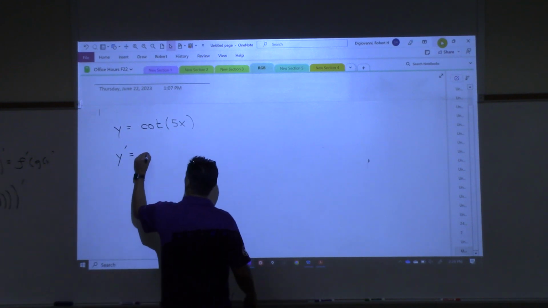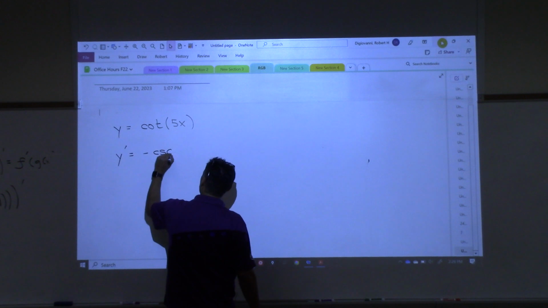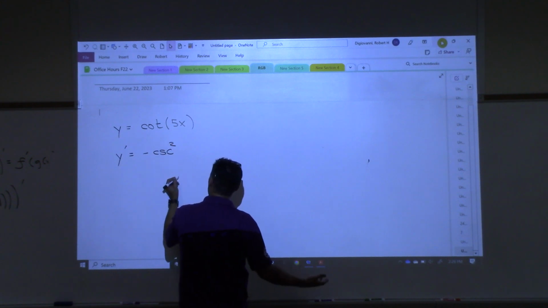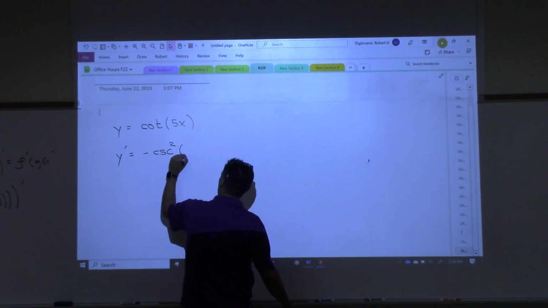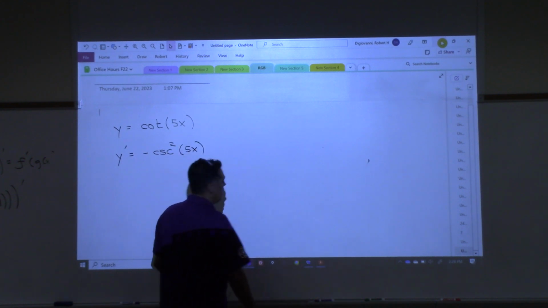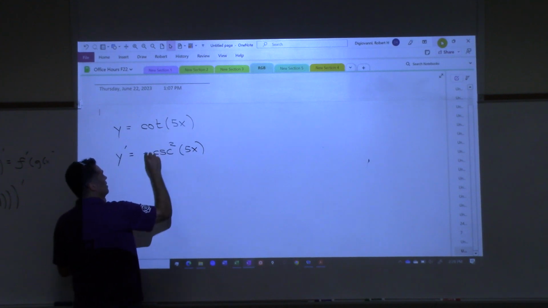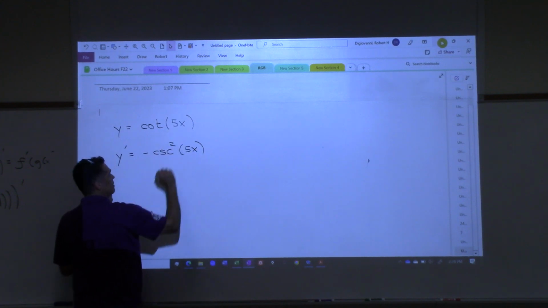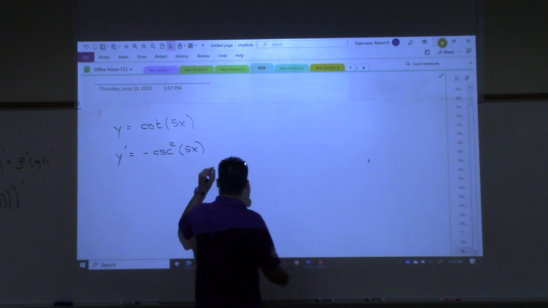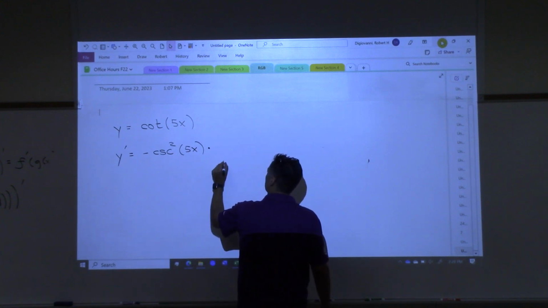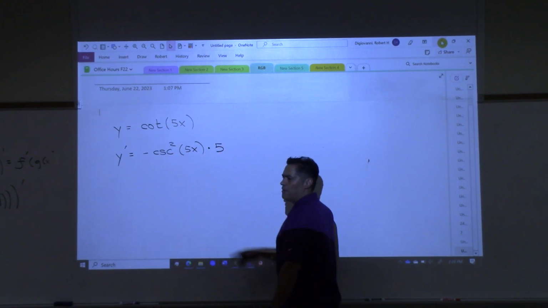What is it? Negative cosecant squared of what? x on the formula, right? But for us, it's 5x. What's the derivative of cotangent of my hand? It's negative cosecant squared of my hand, times, don't forget this part, times what? 5, right? Where's that 5 coming from?